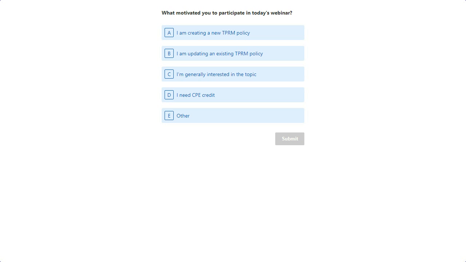So yes, it is a regulatory requirement for most regulated industries, and at the very least, it is a best practice. Remember, your policy is there to formalize and communicate the rules and requirements for third-party risk management at your organization. So it's really important to have one. I hope that helps.